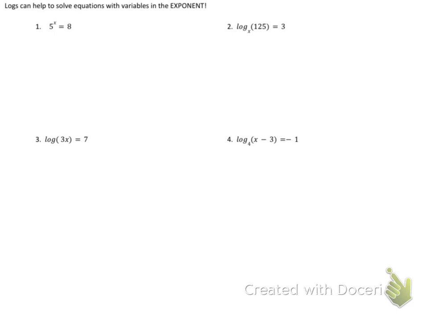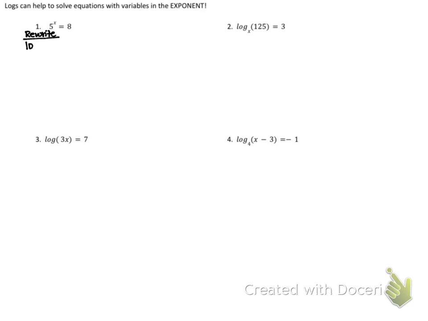I'm going to do question number 1 two different ways so you can see. So I see that the x is in the exponent. I cannot match the 5 and the 8. If I could, I would, because then I don't have to use logarithms at all. So what I'm going to do is I'm going to rewrite this. So one way is to rewrite as an exponential. Rewrite as a logarithm.